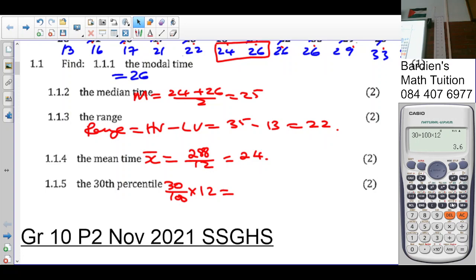So it's basically the fourth number, so we say it's approximately the fourth number. So therefore 21 is going to be at the 30th percent. Do you guys understand? Okay.